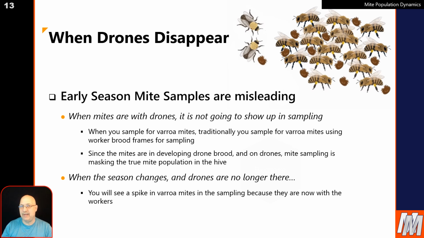At some point when the drone population decreases in the colony, because the queen's going to stop making drones when mating season is over, the population of varroa mites riding around on the drones will transfer to the workers and it will show up in your mite monitoring. This is a really important concept to consider.